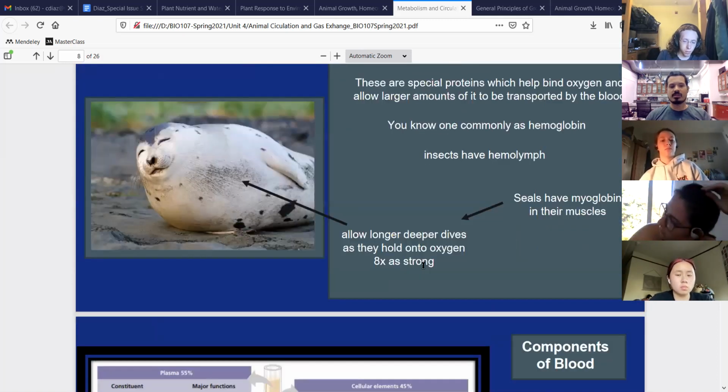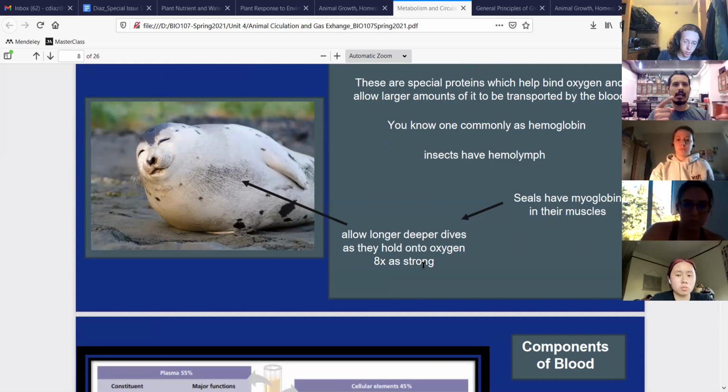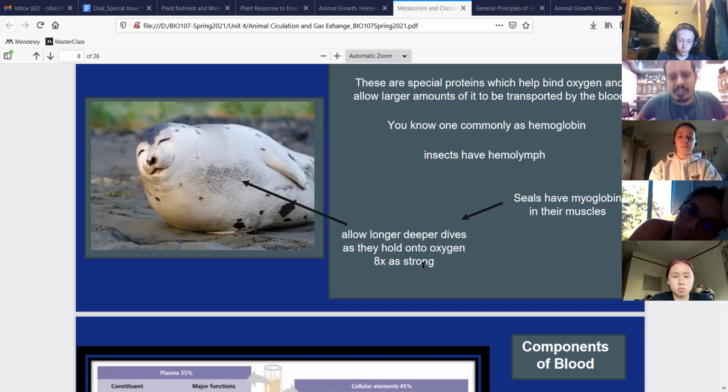Oxygen sitting in your blood and being pumped around will passively diffuse, but there's only so much oxygen that's naturally going to be pushed into your blood because of partial pressure and things like that. So the blood pigments make it easier for oxygen to be held on, and so it'll be more efficient when transferring oxygen throughout your body.